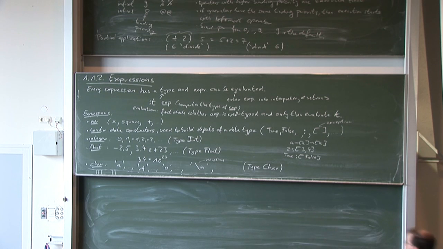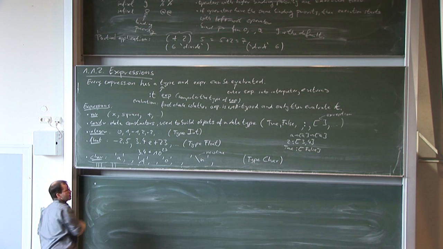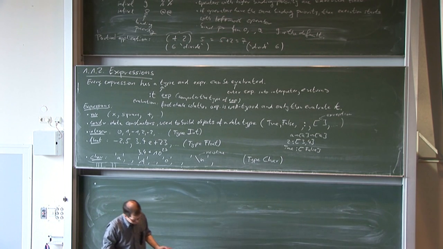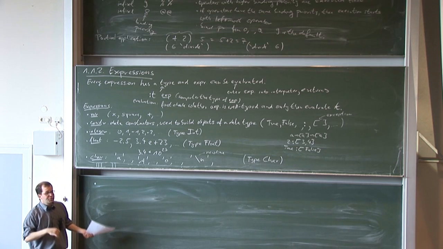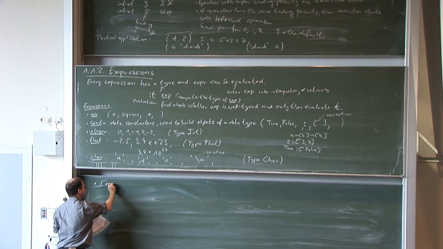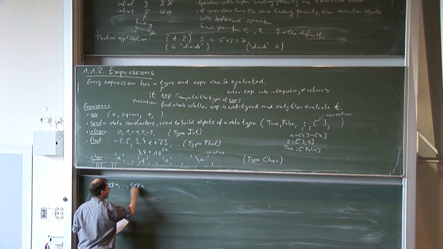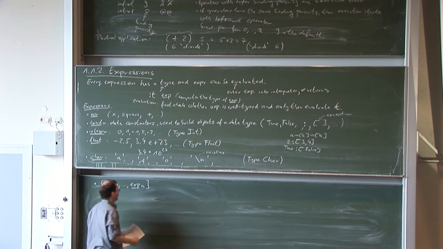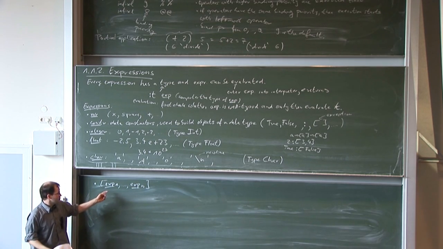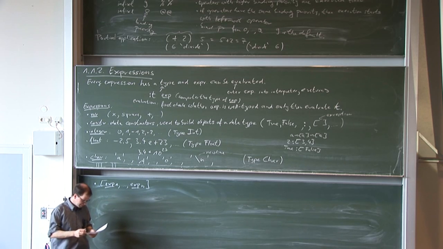Two more, and then we stop for today. Now, these that I had up to now were very simple, but if you have expressions, you can compose them to more complicated expressions. If you write something like this, expression 1, comma, ..., comma, expression n, in square brackets, then this is the expression which stands for the list containing the value of expression 1 until the value of expression n.